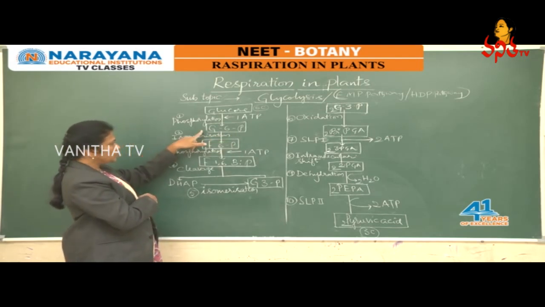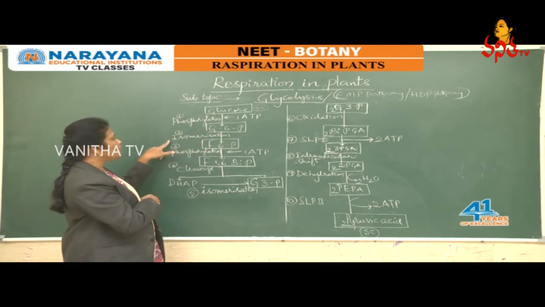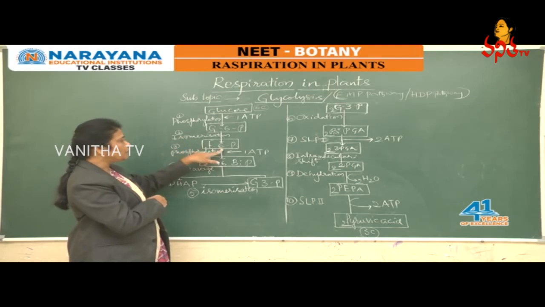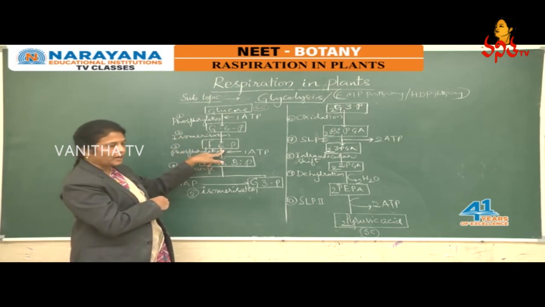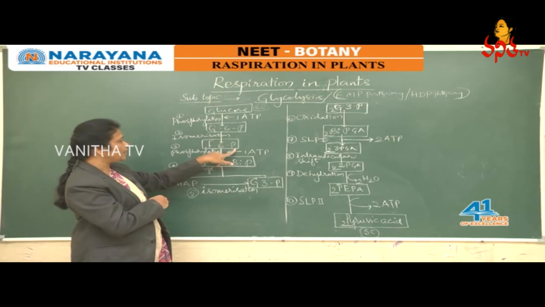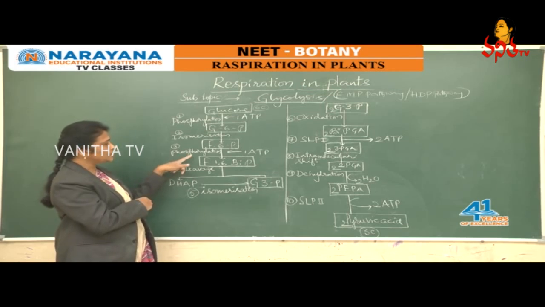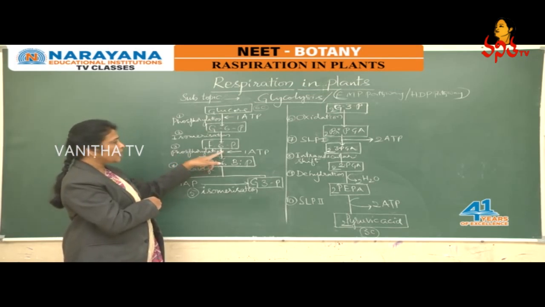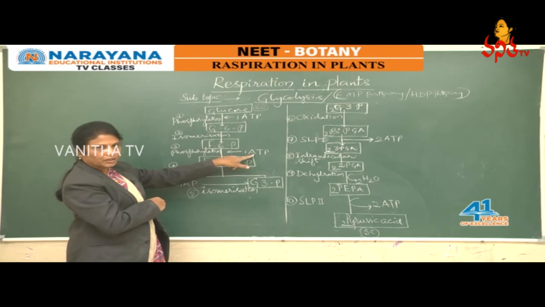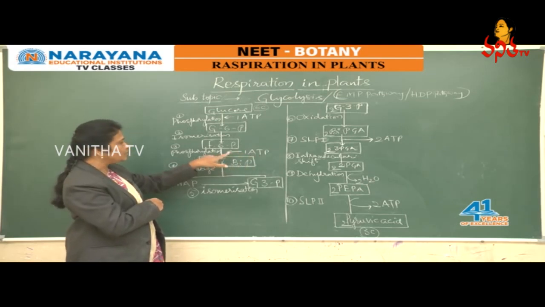Now that glucose monophosphate undergoes isomerization and is converted into fructose monophosphate, that is fructose 6 phosphate. Then that fructose monophosphate undergoes phosphorylation again, and this is the second phosphorylation, and here one more ATP molecule is utilized.